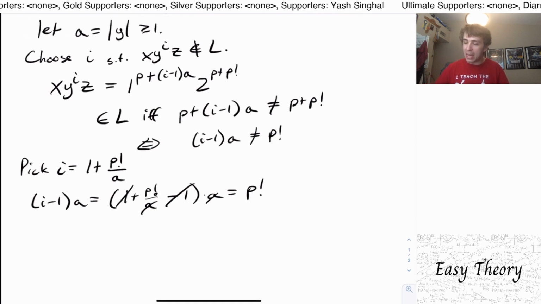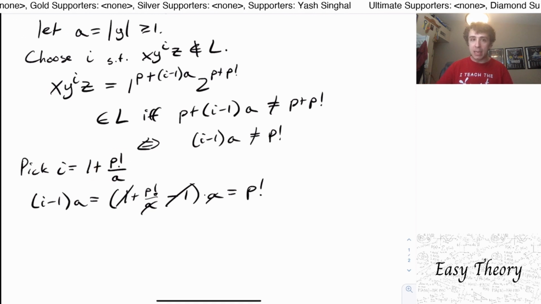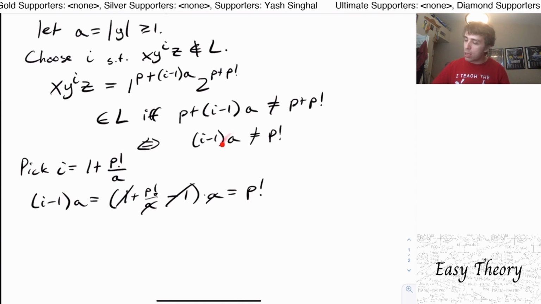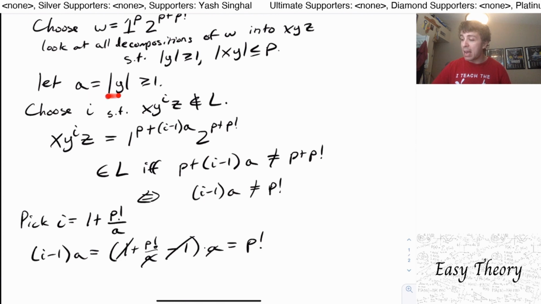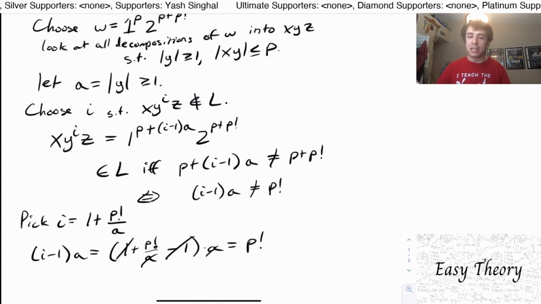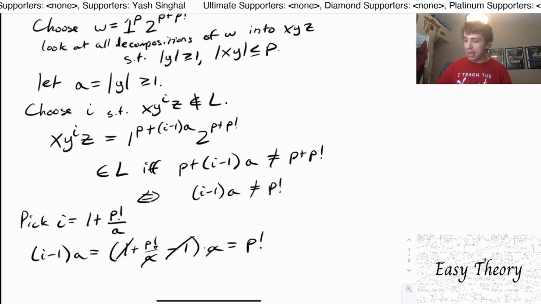And why does this value work? It's because no matter what the value of A is, the length of Y divides P factorial.